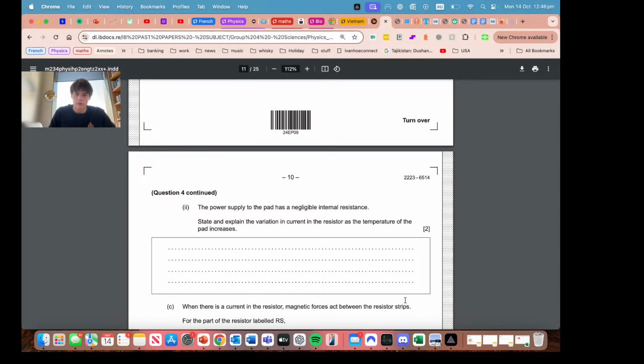The primary coil has 1500 turns. Each secondary coil has 75 turns. So basically, step down transformer, lowering the voltage.